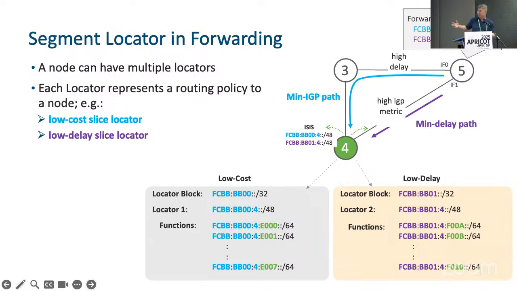So we have another protocol that measures every single hop on the link, the delay, and you flood all the delay information to every node. Then, from node 5, if I want to reach node 4, on the upper path it's the short IGP path as traditional. But on the bottom path, it's the low latency, low delay path.